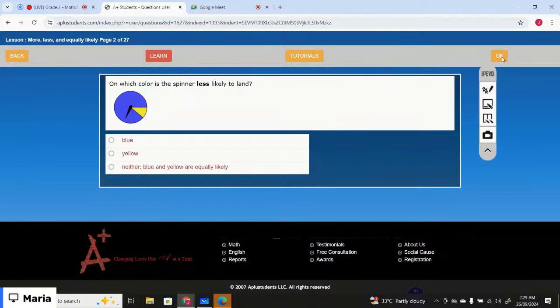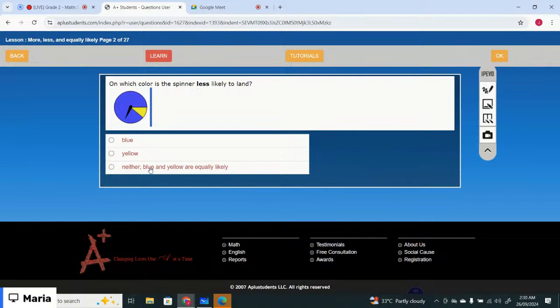So which is the correct option? Yes, the correct option is it will less likely land on yellow, because the smaller the portion, the less likely it is.